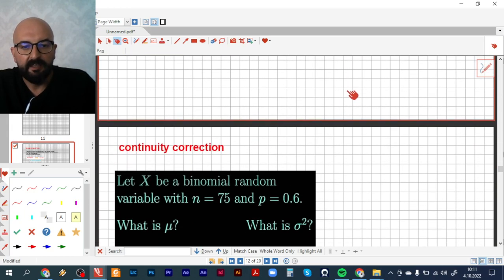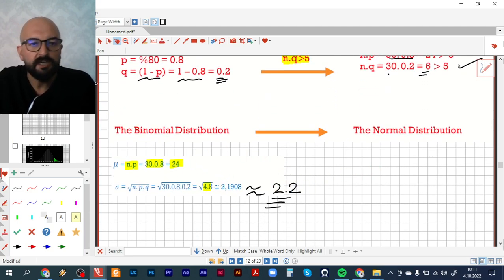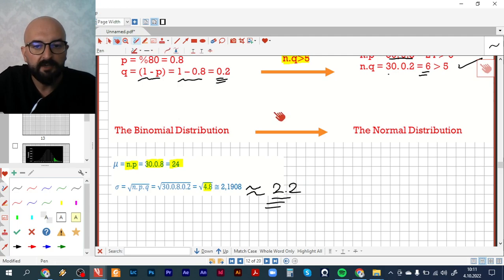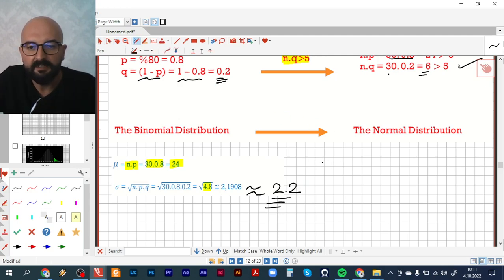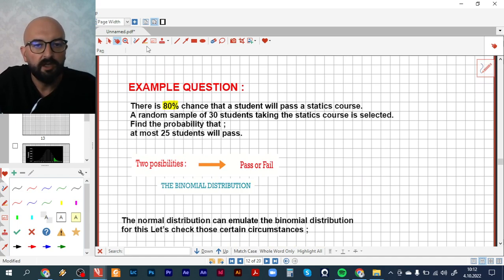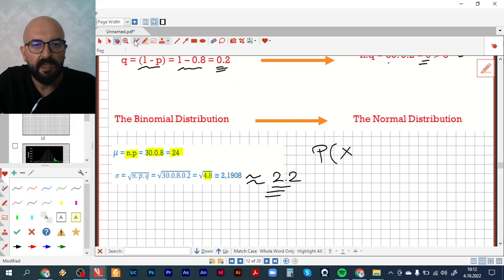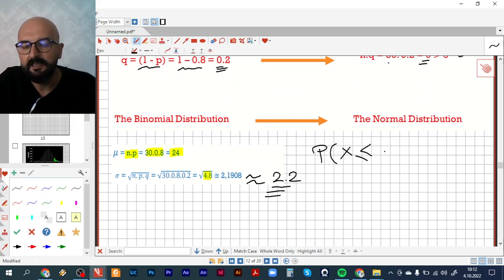And then, our question relates to at most 25 students. It means x is less than or equal to 25.